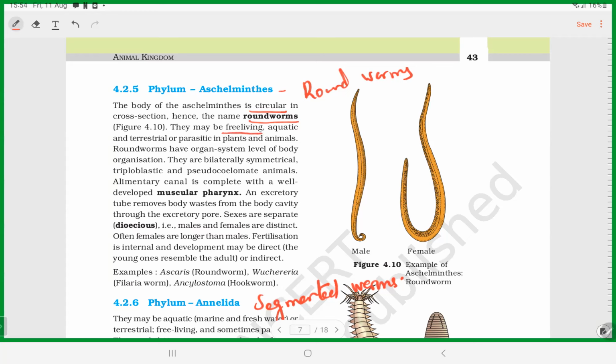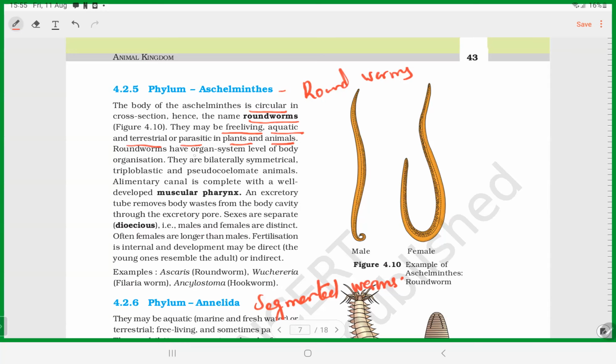Flatworms are supposed to attach themselves to the host, but here they are free living, and of course aquatic. You can see terrestrial also, and then parasitic in plants and animals. See, in these Aschelminths or roundworms, you can see diversity in the sense that they may be free living, aquatic and terrestrial, and they may be parasitic to plants and animals also. So that's the main important thing you should know.